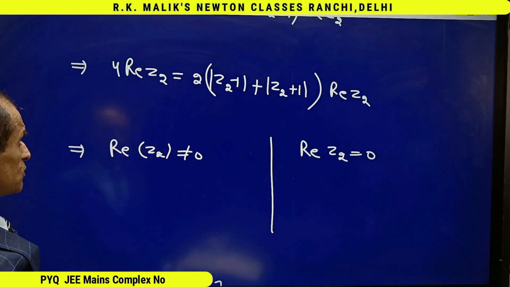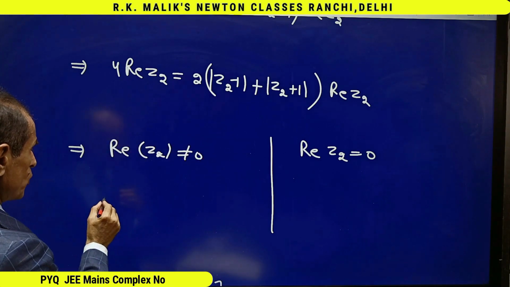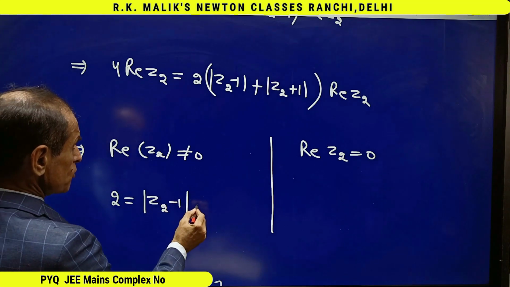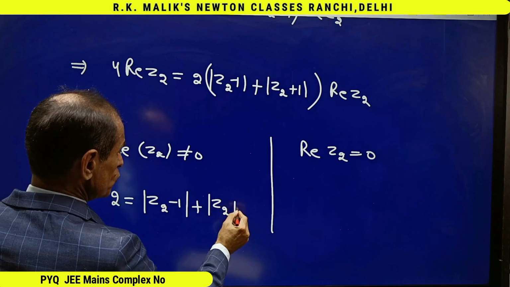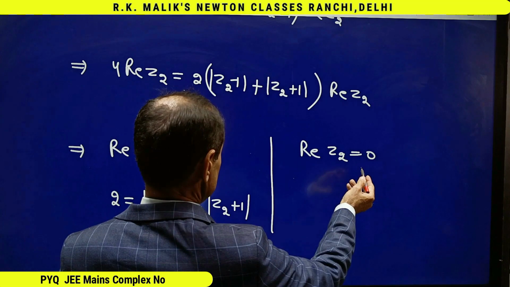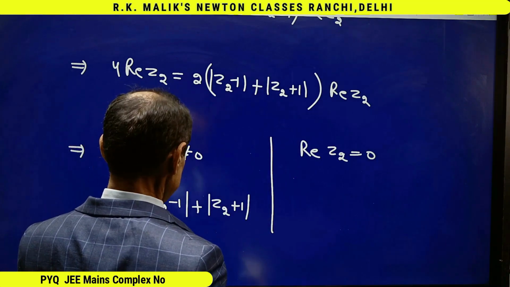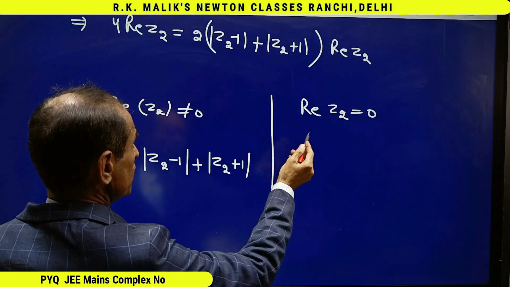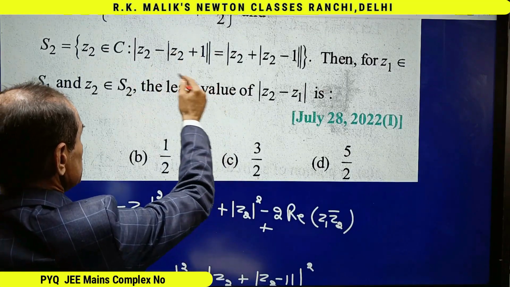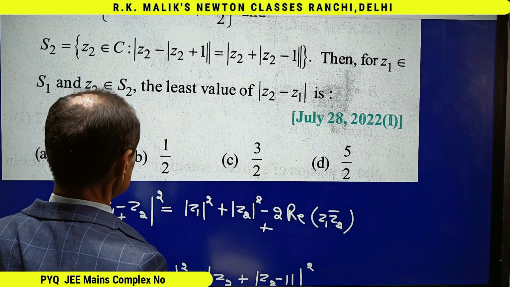If real part of Z2 is non-zero, we are allowed to divide by 2 times real part of Z2. I'll get 2 equal to mod of Z2 minus 1 plus mod of Z2 plus 1. And if real part of Z2 is 0, then automatically the two are always equal. Hence, one part of the answer I have got is real part of Z2 is 0. That is, this equation will be satisfied by the complex numbers which are purely imaginary.